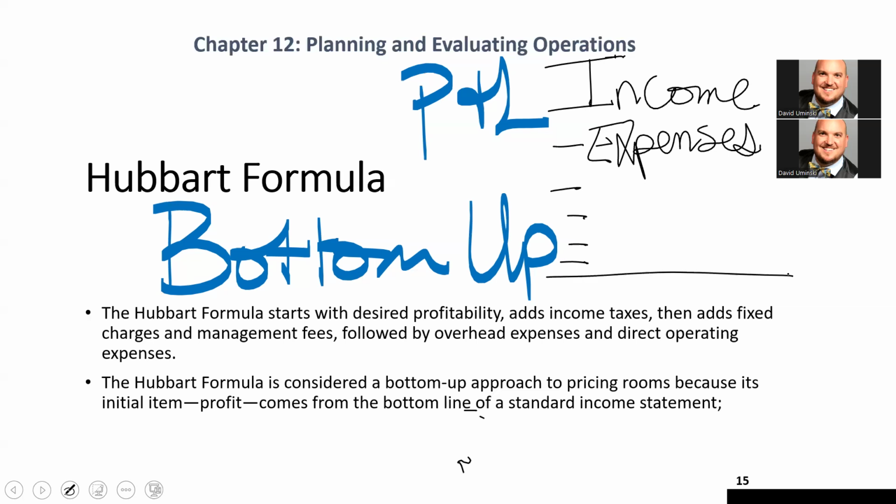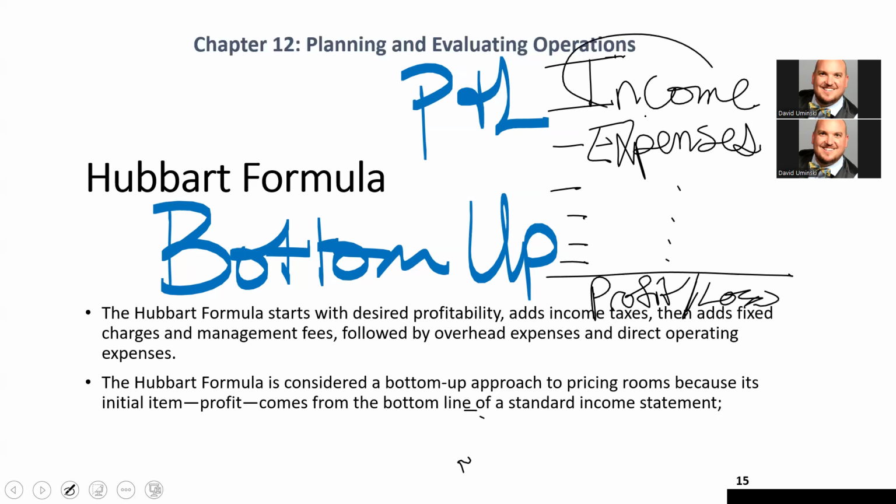And then the bottom line is the profit or loss. So if it's a negative number, it's a loss. So what we look at for the Hubert formula first is what profit do we want to make? And then we build in all of the expenses that we know we're going to have.